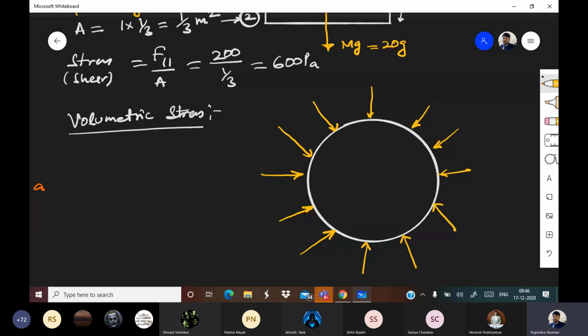Suppose these are forces acting from all directions; due to that, obviously its size will shrink.